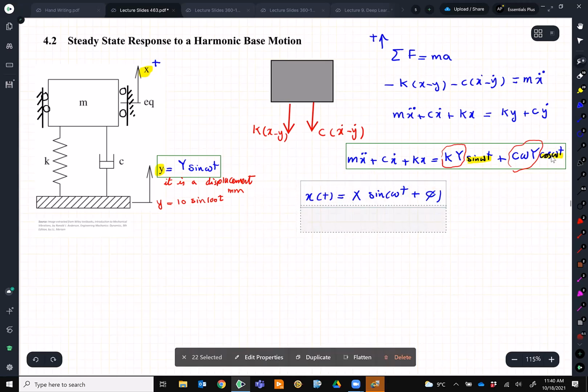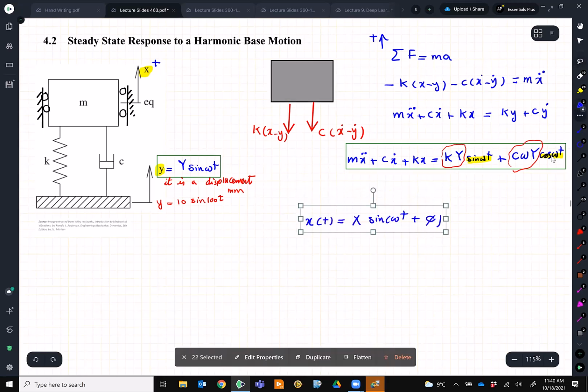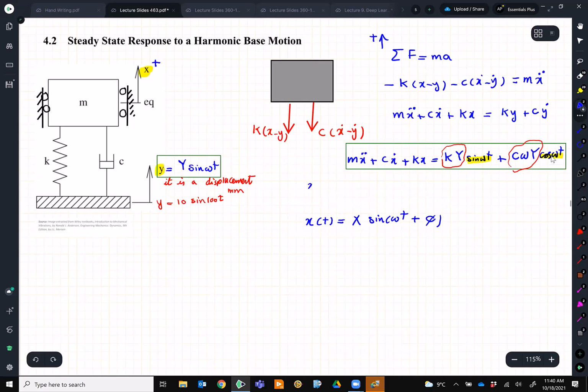Let's move it back. Or some of you may try later. You can start with x(t) equals X e to the power of i omega t, similar to what we did for the previous equations, and solve the whole thing in one shot rather than superposition. But at the end, you will get to the same answer.